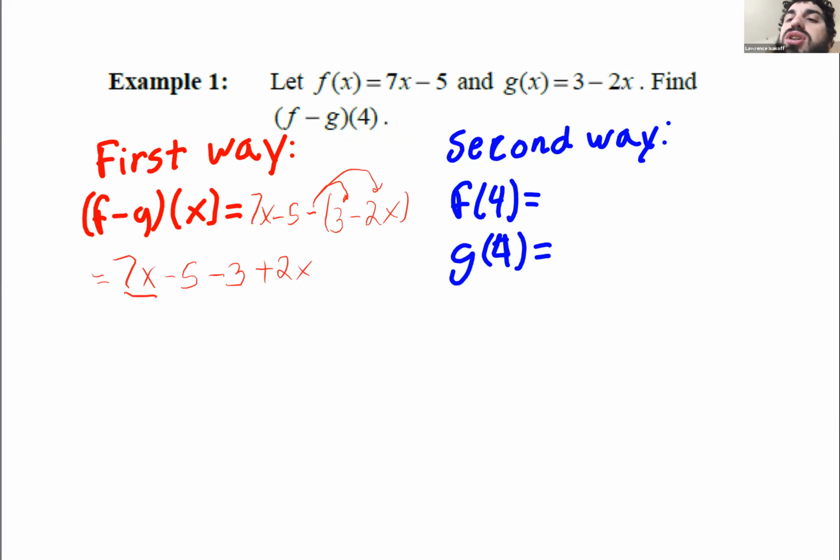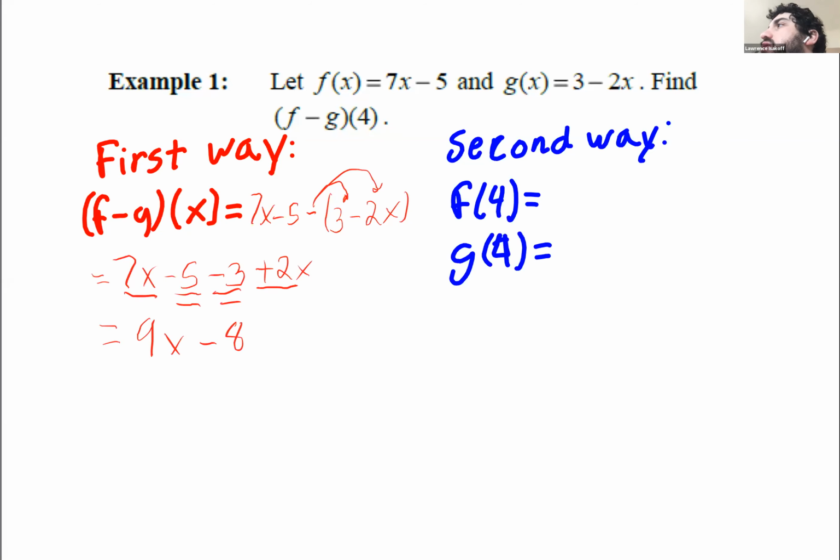So I got the x's to combine, and I got the constants to combine, I guess would be the better way to put it. 7x plus 2x is 9x. And then -5 minus 3 is -8.